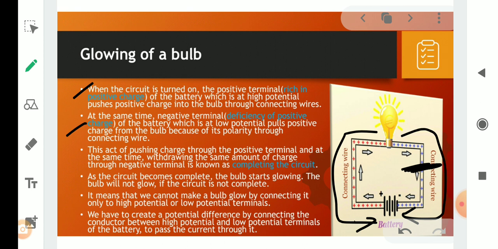No. So the bulb does not glow. When it is connected again, the bulb starts glowing. So when the circuit becomes complete and the potential difference is created, only then is the bulb going to glow.